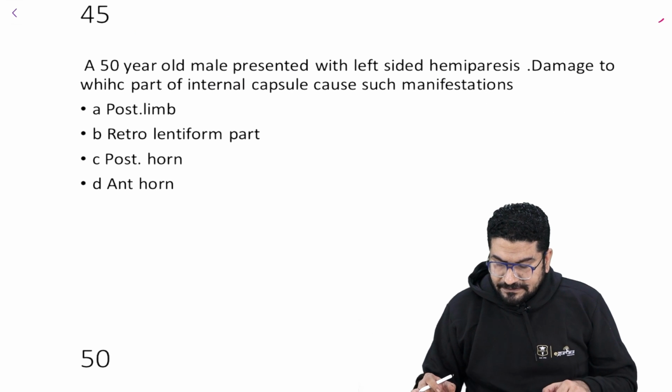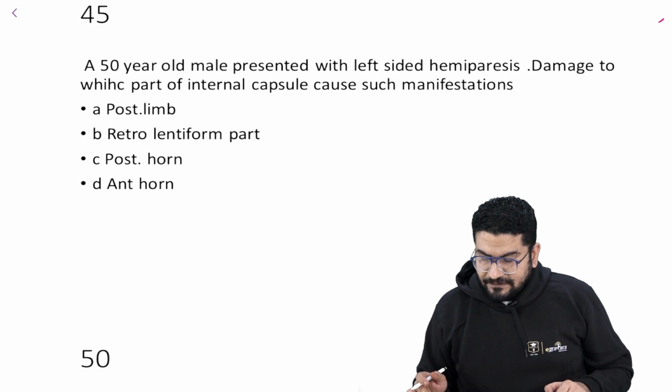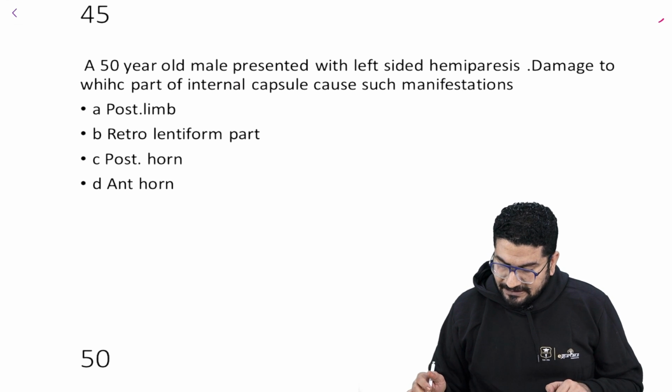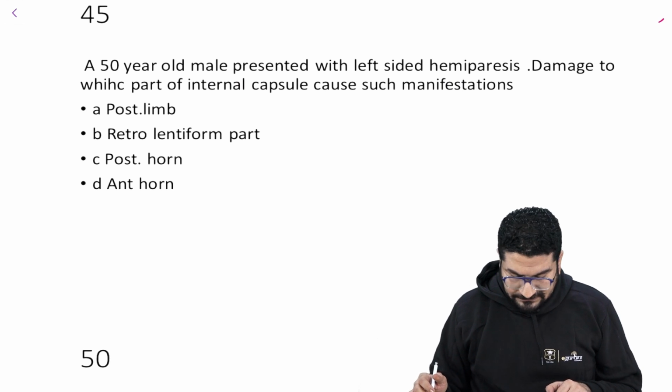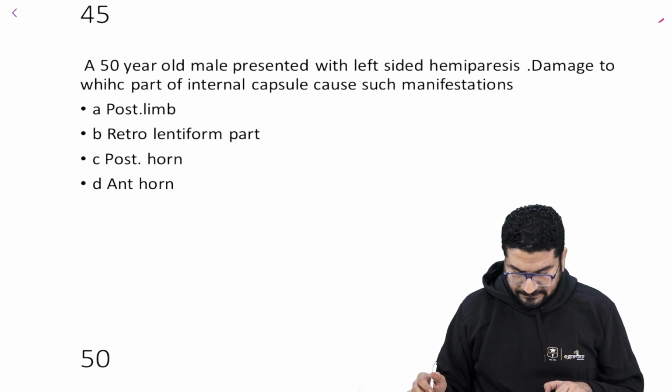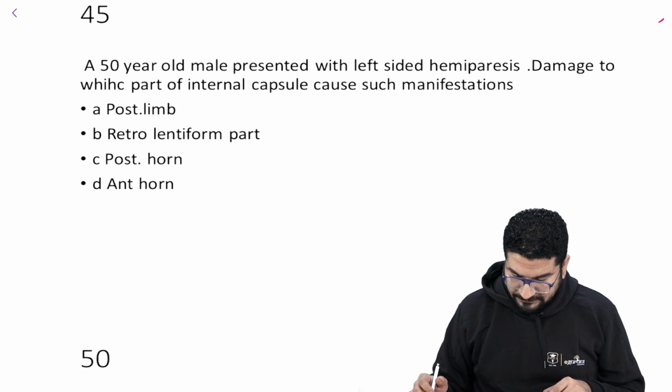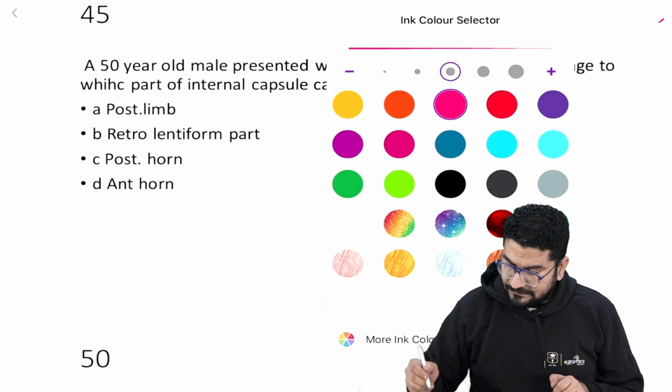Coming to the next, a 50-year-old male presents with left-sided hemiparesis. Damage to which part of the internal capsule causes such manifestation? So understand this, this is a question they are asking about the structure that we see in the internal capsule.